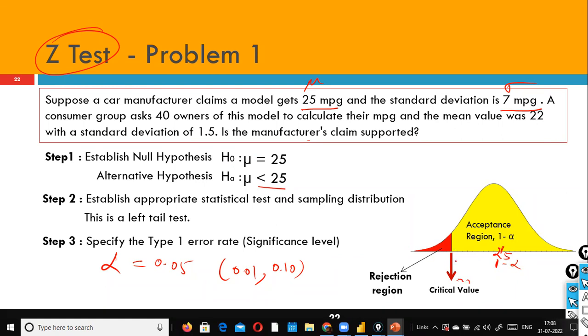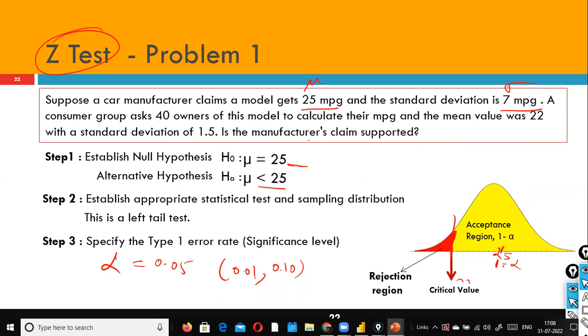So this line is my border line, the black colored one. Anything that falls less than the critical value or the cutoff value falls in the rejection region. I'm going to reject the statement made by the manufacturer.